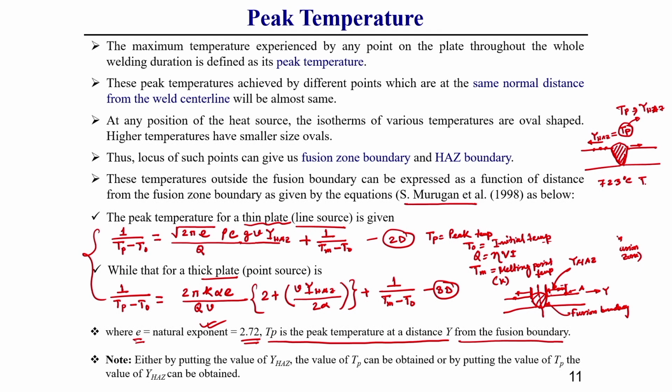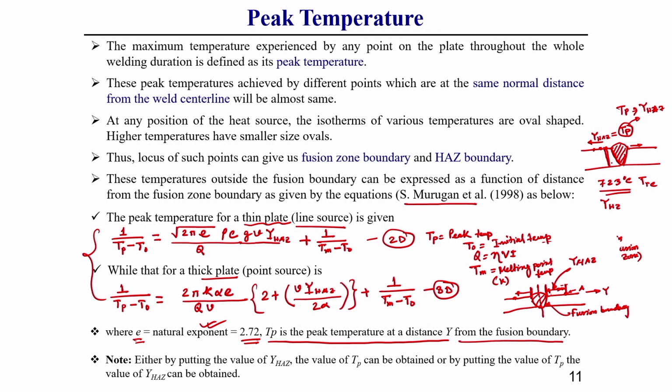That is generally called the recrystallization temperature, I am writing RC. So by using this equation, if you know all the parameters in it, melting point temperature, E value, G value, V value, then by considering the Tp value you can easily find Y, that means the heat affected zone size.